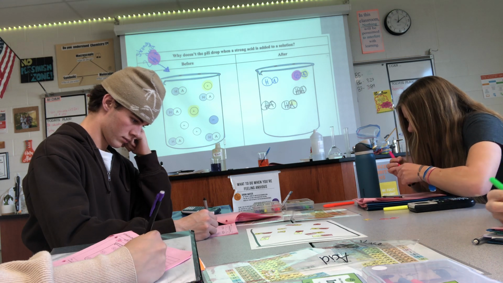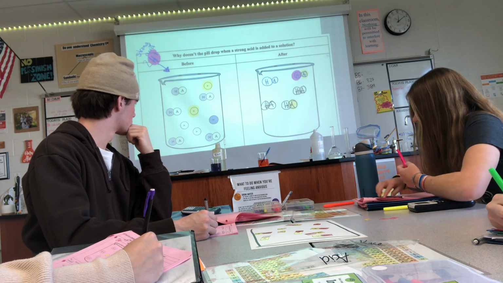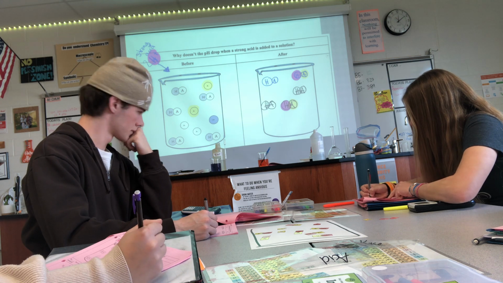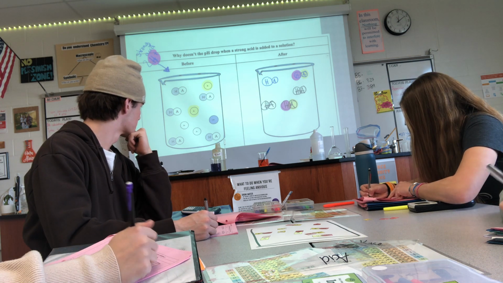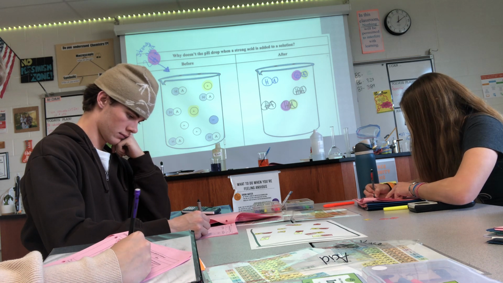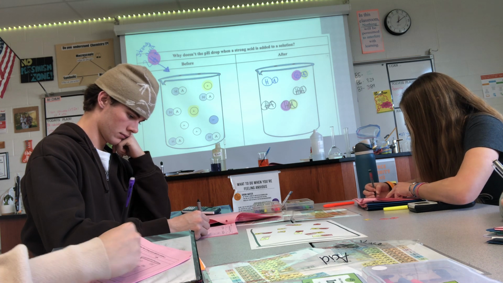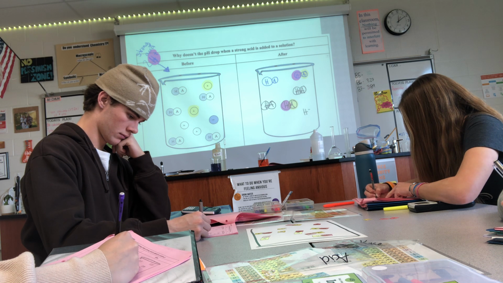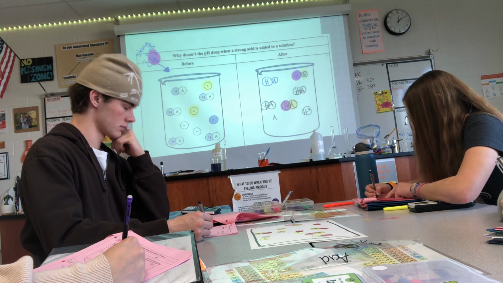Once again, my highlighted colors are to match up my before and after, just to see where it went. So those H's that came in, for example's sake, we added 2 of them. And so then I still have some H plus by itself.